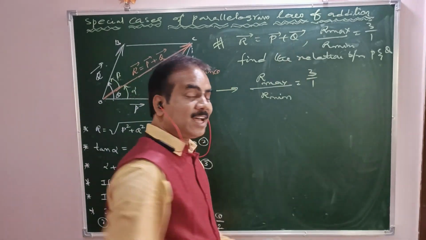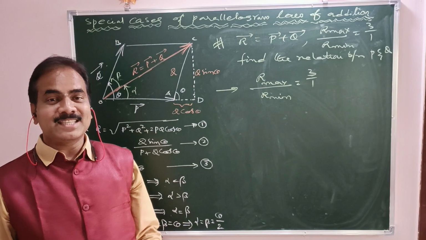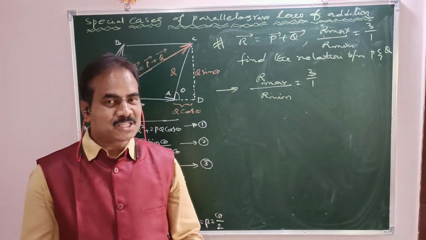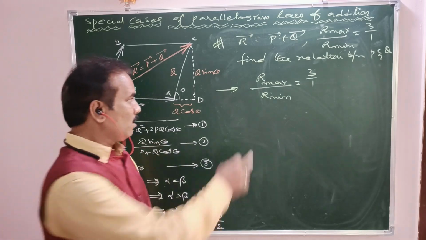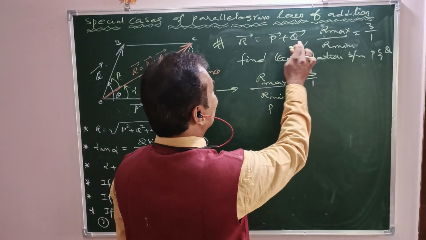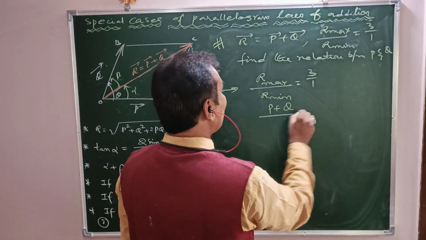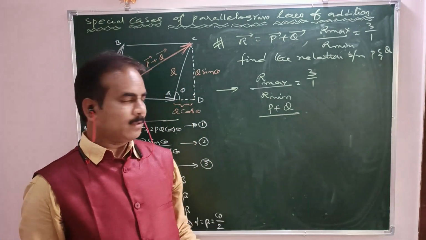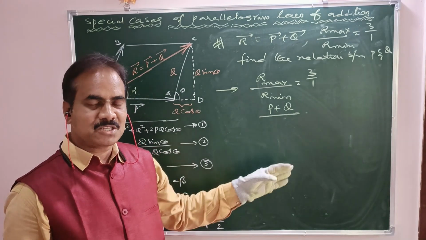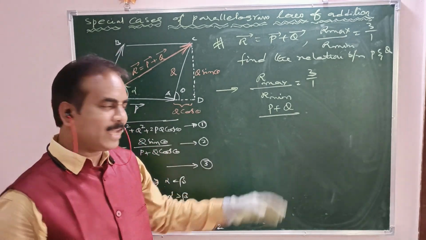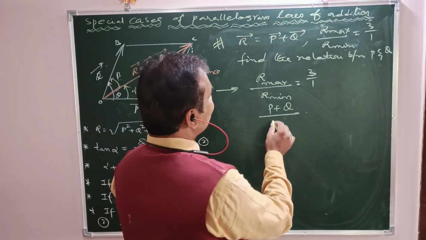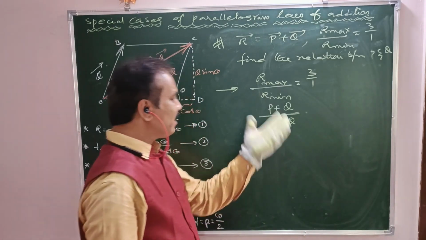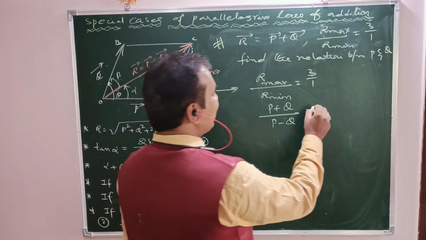For given parent vectors, R max means P plus Q, R minimum means the difference of P and Q. So R max is P plus Q, divided by R minimum. It may be P minus Q, otherwise Q minus P. If P is greater than Q, P minus Q. If Q is greater than P, Q minus P. I am taking P greater than Q, that is the reason why I am taking P minus Q. So R max by R minimum equal to 3 by 1.